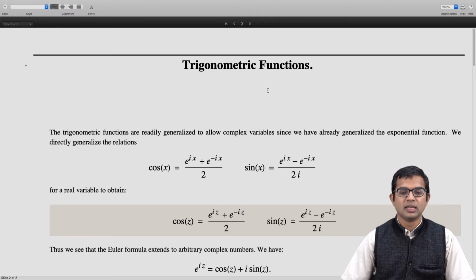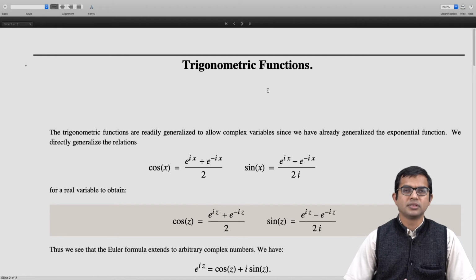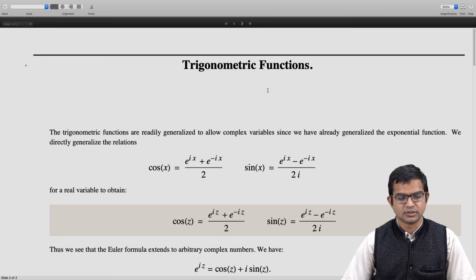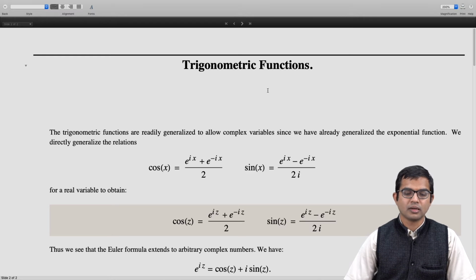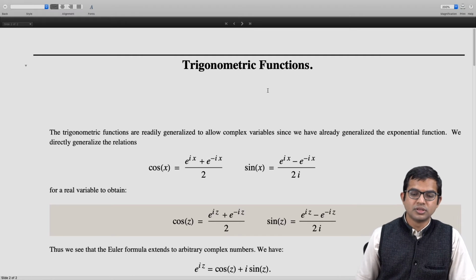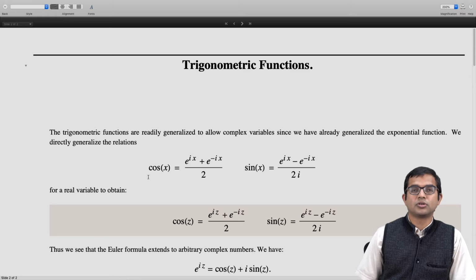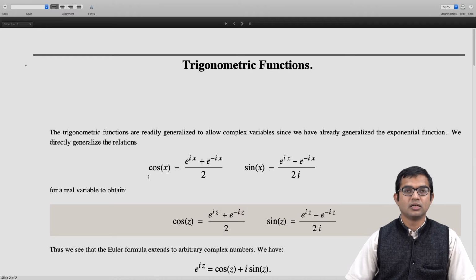So this is really already using the fact that we have generalized the exponential function to include complex variables, and it's really a rephrasing of the Euler formula in some sense, right? But now we'll elevate x to the status of a complex number and use this as a way to generalize the idea of the cosine of a complex number, right?